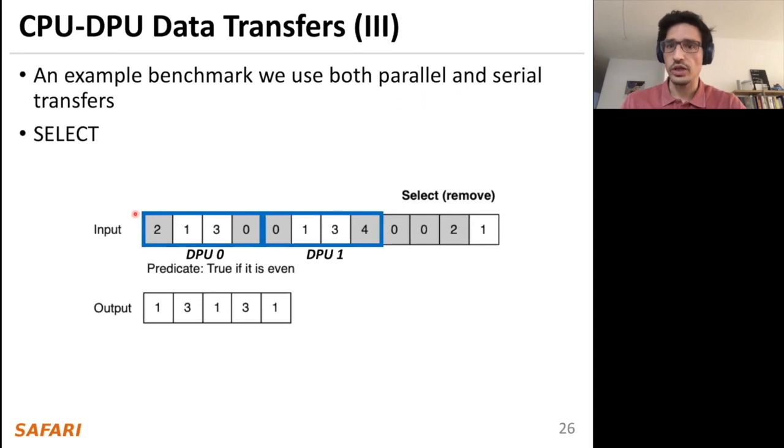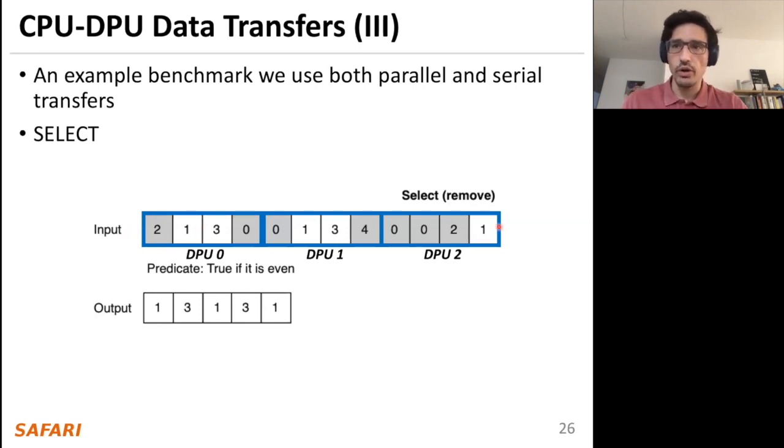Imagine that we have 3 DPUs in our system, we partition the input array, and now the 3 DPUs are going to perform the select operation on the corresponding chunk. And as you can see, there are 2 odd numbers here, 2 odd numbers here, and 1 odd number here, right? And this is completely input dependent because it depends on what are the actual values on the input array.